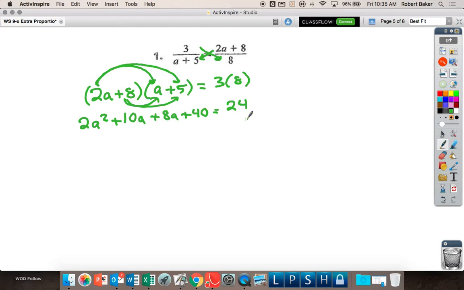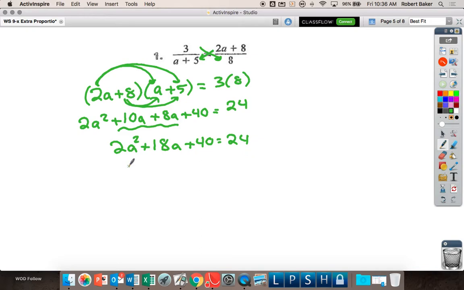Combine like terms. 10a plus 8a is 18a, plus 40. Subtract 24. This is generally the step in the process where people start to make mistakes. You subtract 24 because you want to force this to equal 0.